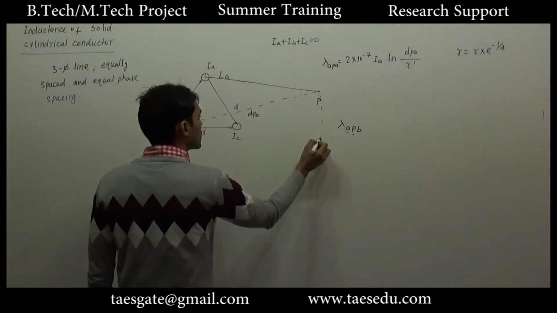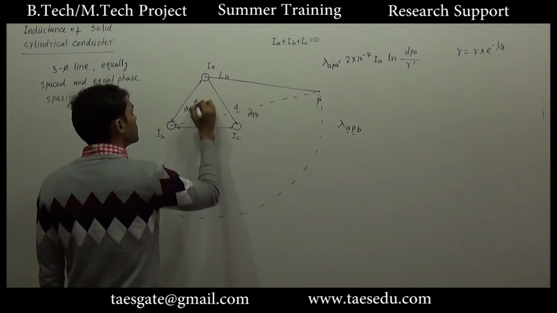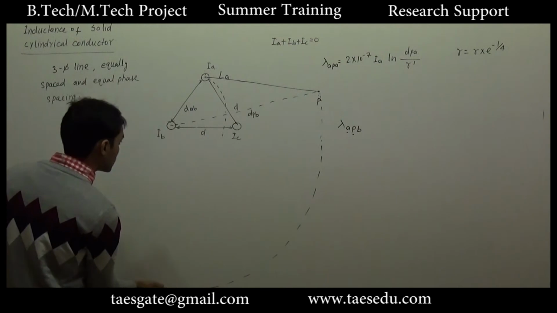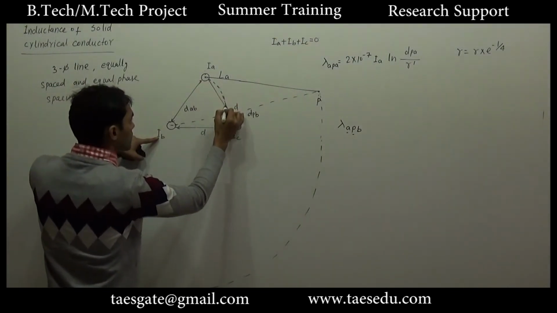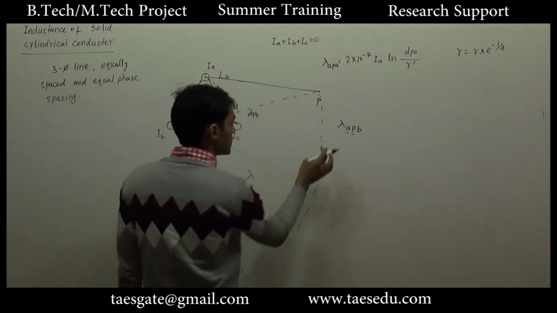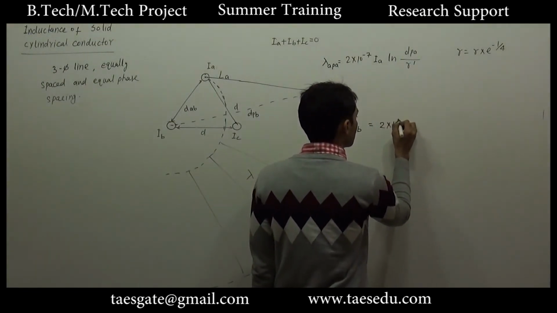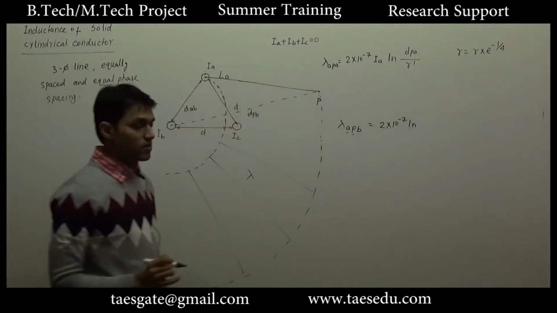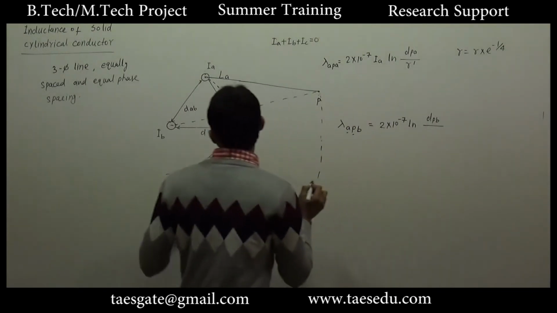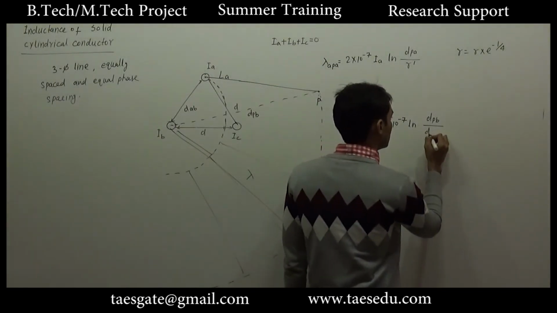So with this radius we will make a circle, okay, and with this distance, let's say this is DAB, with this distance we will make a circle with center at B only. Center has to be at B, and whatever is the total flux in this region, this flux will represent phi A PB. And for this flux we have the formula 2 into 10 to power minus 7 ln d2 divided by d1. So d2 is distance dPB divided by distance, this distance is DAB, the second distance divided by first distance, DAB.